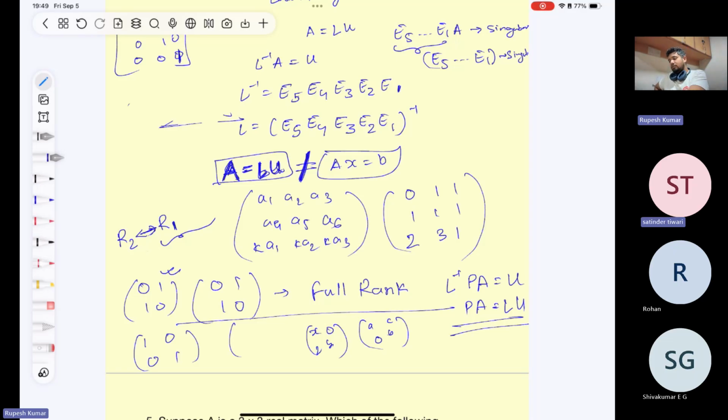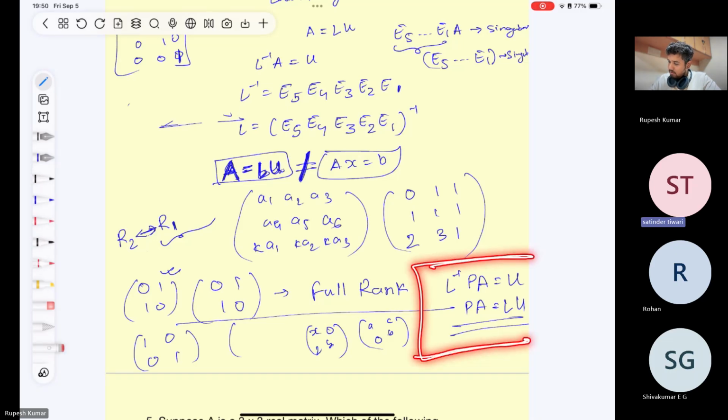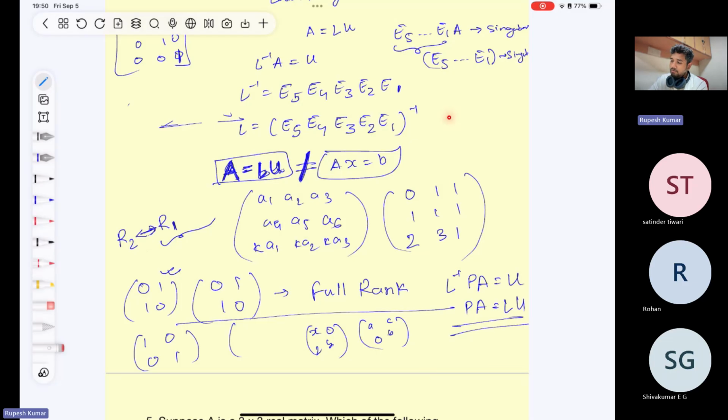If you want to get the LU decomposition, whenever we apply elementary operations for the LU decomposition, they will always be lower only, because we are trying to find a product of lower and upper triangular matrices.